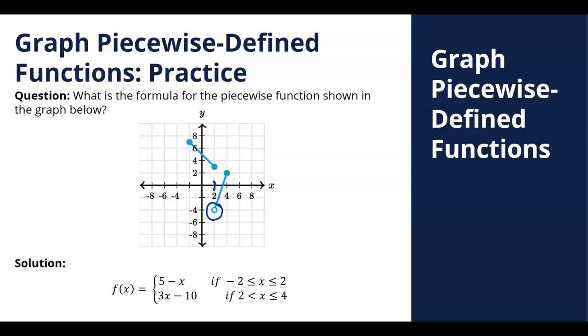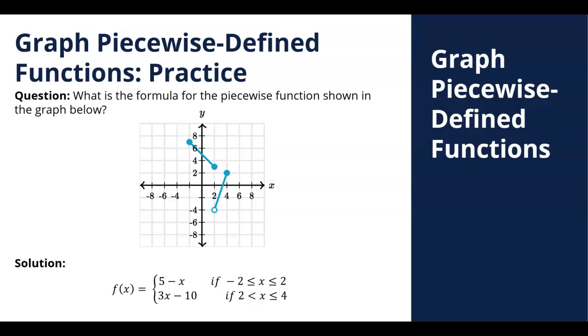So therefore, for this portion here of the graph, the domain, or the values of x that would yield that line segment are x's between 2 to 4. So it is between 2 to 4.